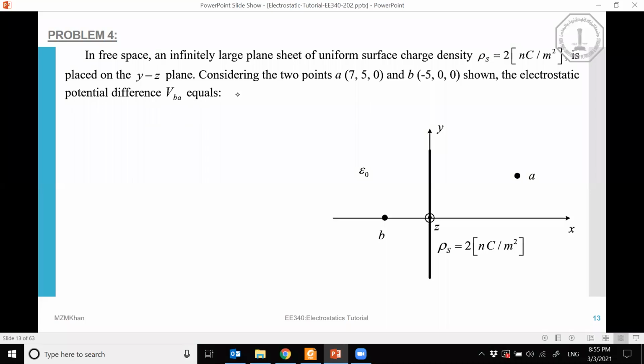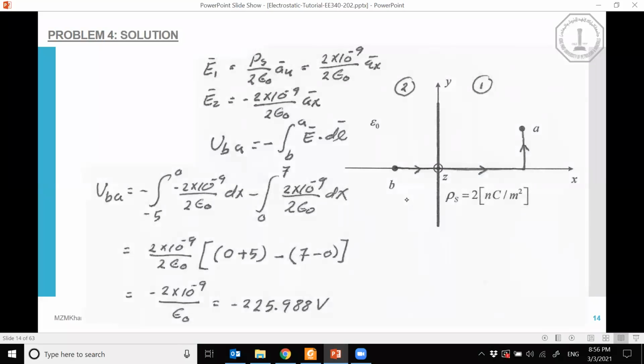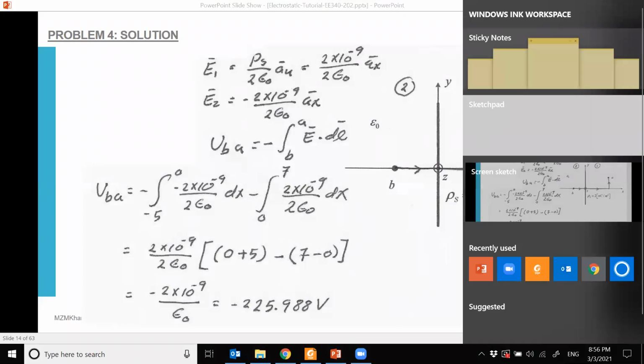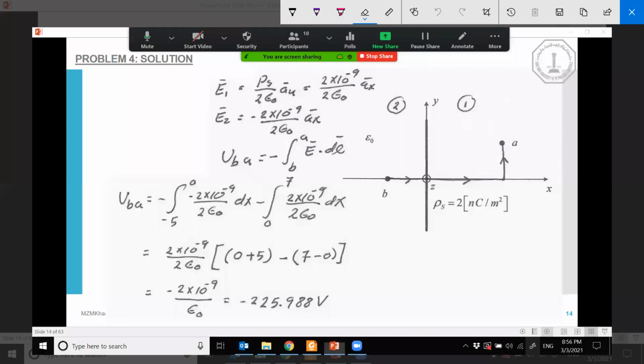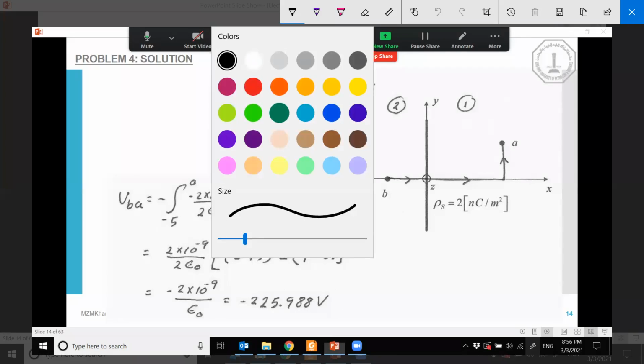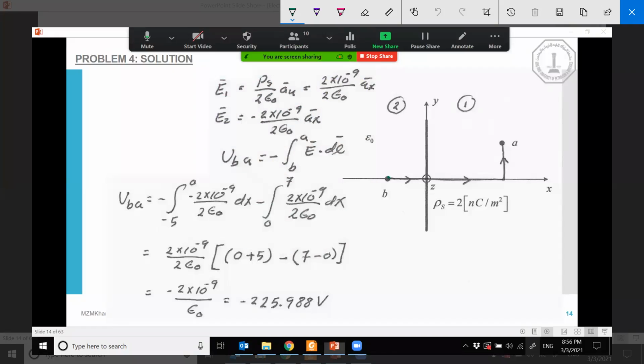Now we want to find the potential difference VBA. So going from B to A, what will be the potential difference? In such kind of problems, where we need to go from point B to point A, you know it very well that in the potential difference, you can take any path you like because it is independent of the path.